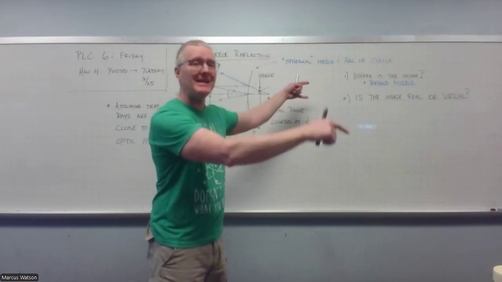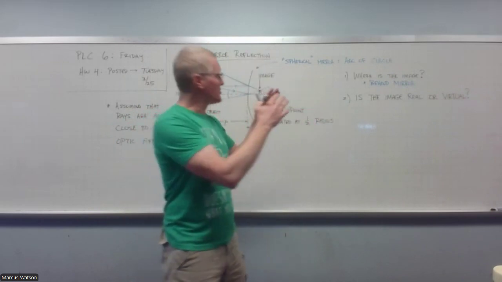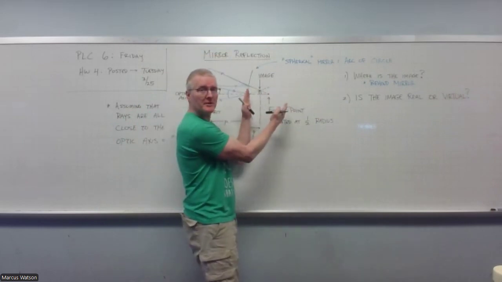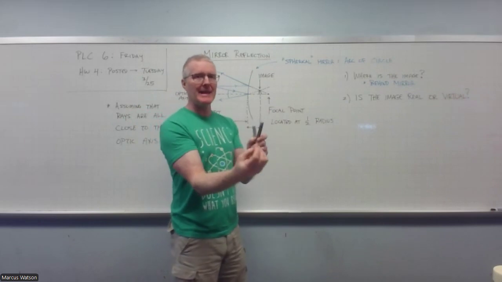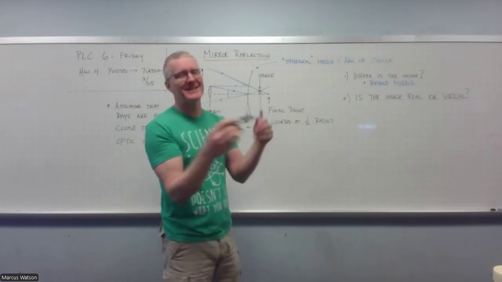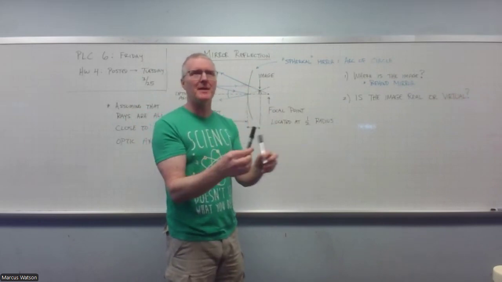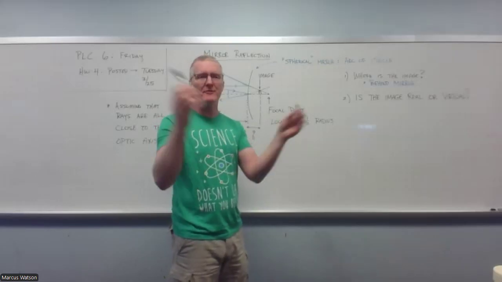If the image is behind the mirror, there is no light over here. So the image cannot have been made by light. It's not really the right way to say it, but it's not made by light going away from a point.